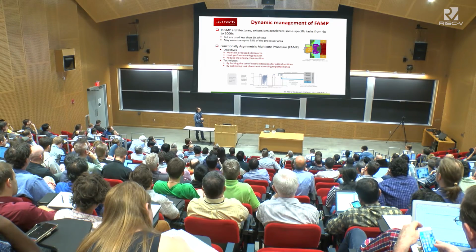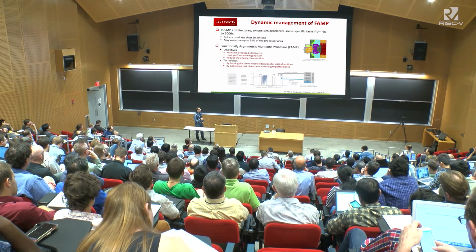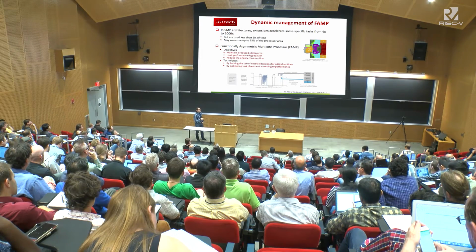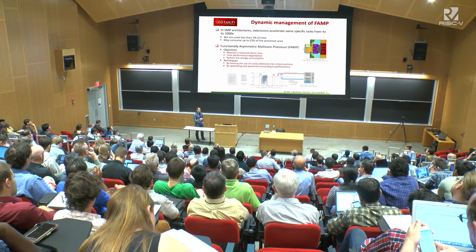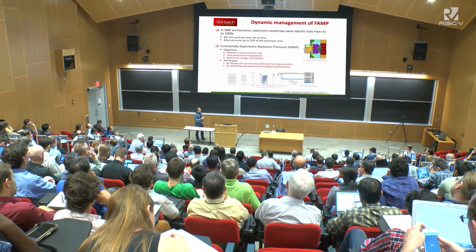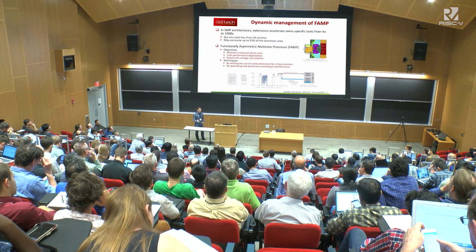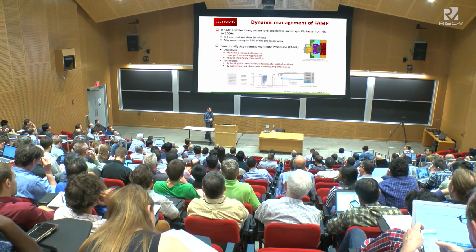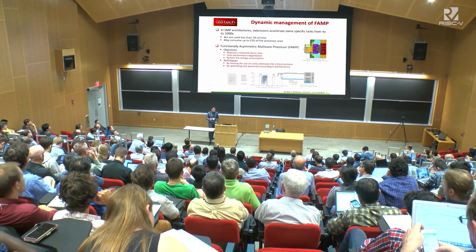For example, we analyze the code and check where we need to have an FPU, for example. And then we schedule this part of the program on the processor which has the extensions.